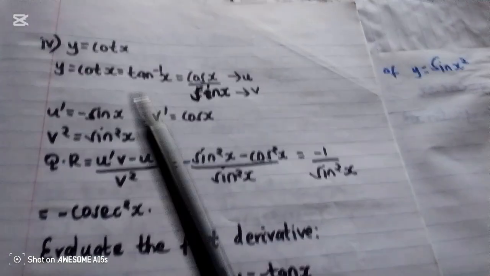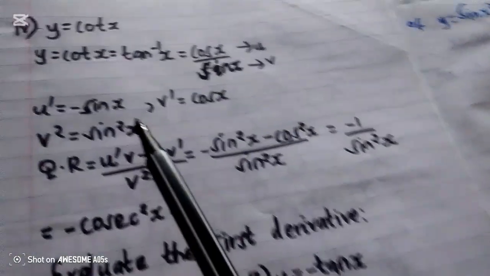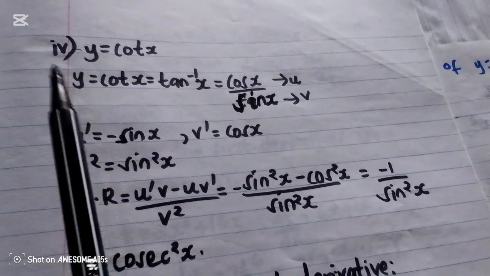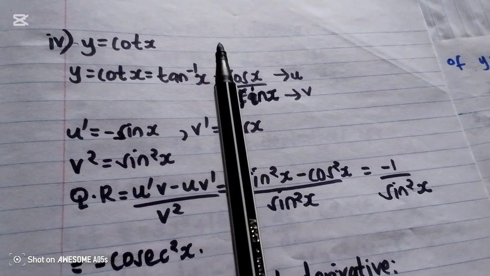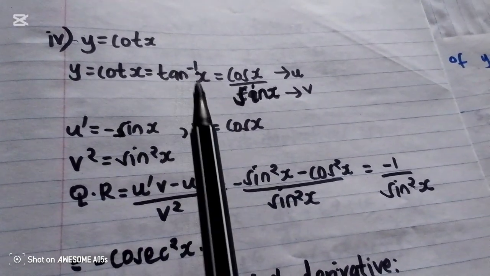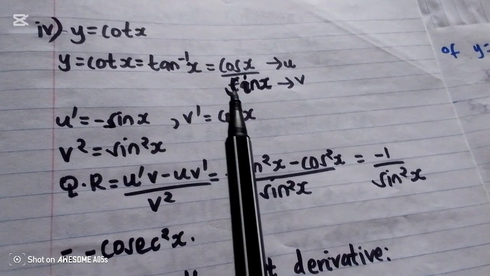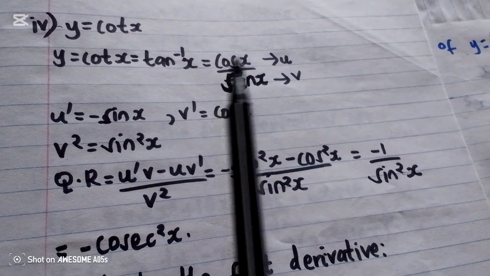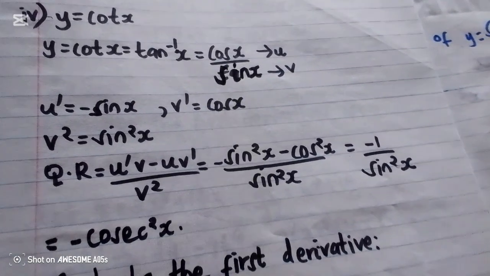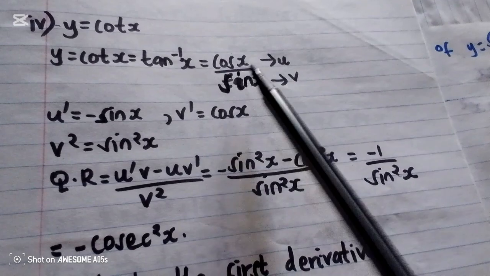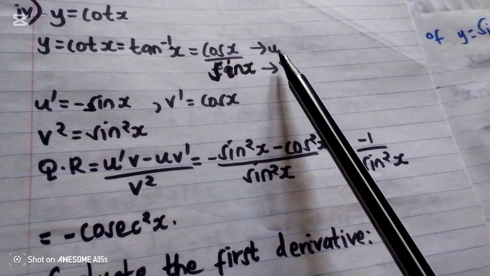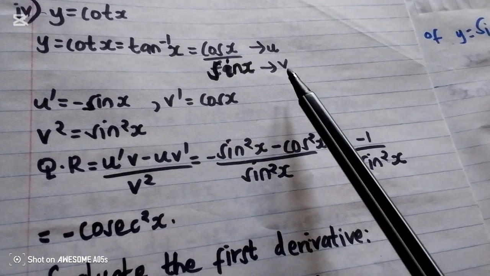On to example 4. y equals cot x, and cot x is the same as the inverse of tan x, which is the same as cos x over sin x. So we let cos x be u and sin x be v.